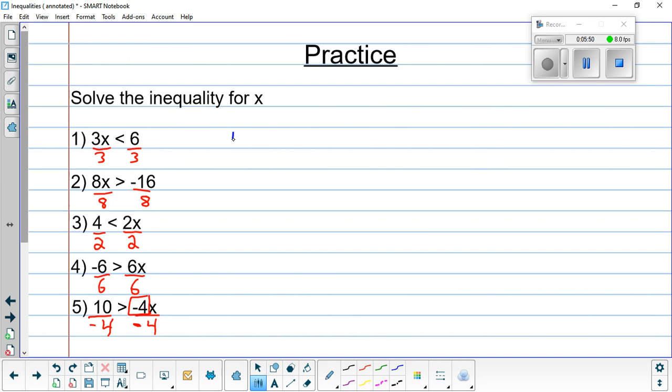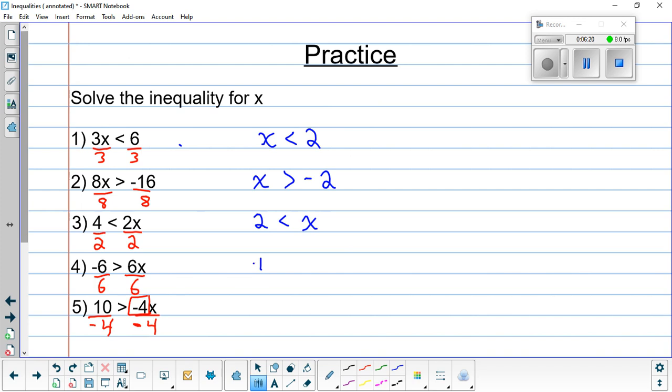So what are we actually going to get? The number beside the variable I can drop for all of these because that was my goal. So I can just do 6 divided by 3, 2. Here we can do -16 divided by 8 is -2. 4 divided by 2 is 2 is less than x. 6 divided by 6 is 1.